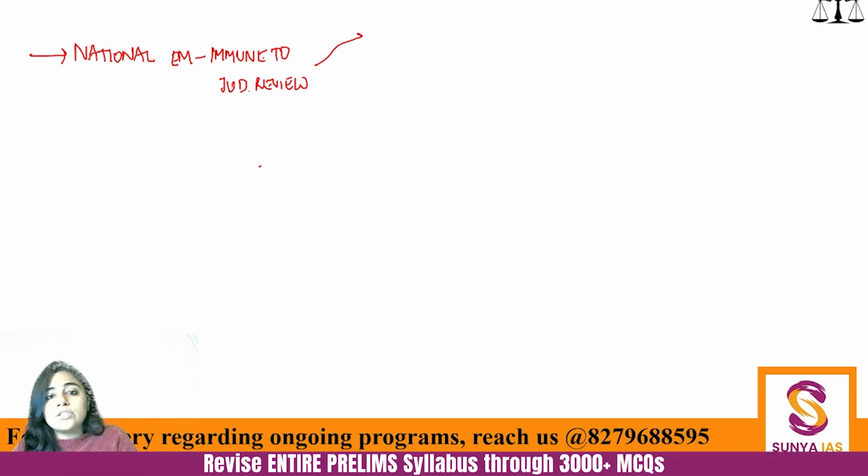So just write national emergency immune to judicial review, and then make this kind of a chart. The 38th Constitutional Amendment Act said that yes, it is immune to judicial review.